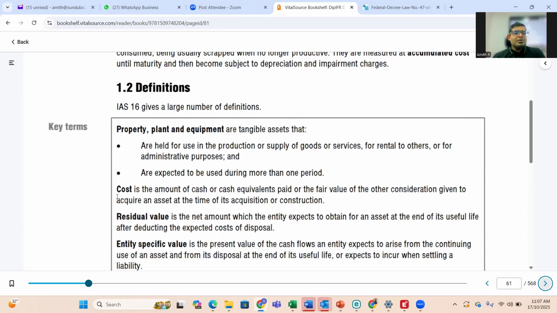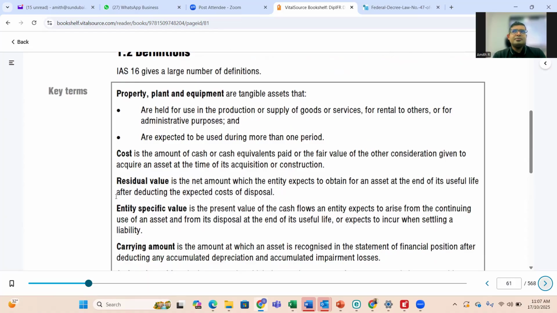What is residual value? I think you know this. Don't spend time reading the definition, but tell me what you understand when you say residual value.